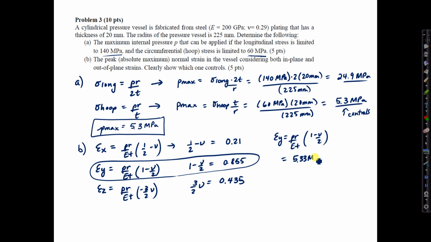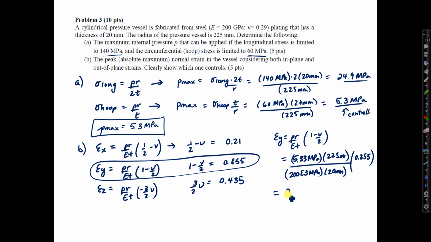in part A, allowable P, the radius 225 millimeters, the elastic modulus 200 gigapascals, or 200 times 10 to the 3rd megapascals, and my thickness of 20 millimeters, the value of 1 minus nu over 2, which I computed as 0.855.